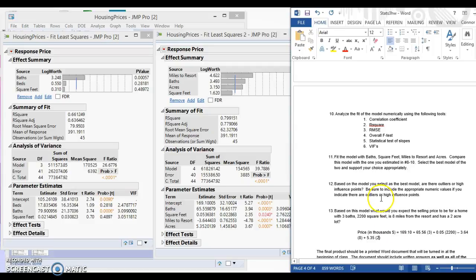I think Dr. Shiflett wants that model regardless. So yeah, just plug those numbers in, and that would be your expected selling price for a house with 3 bathrooms, 2,200 square feet, 8 miles from a resort, and has a 2-acre lot.